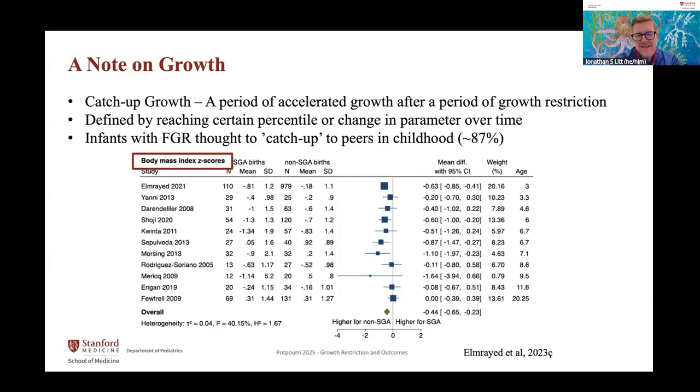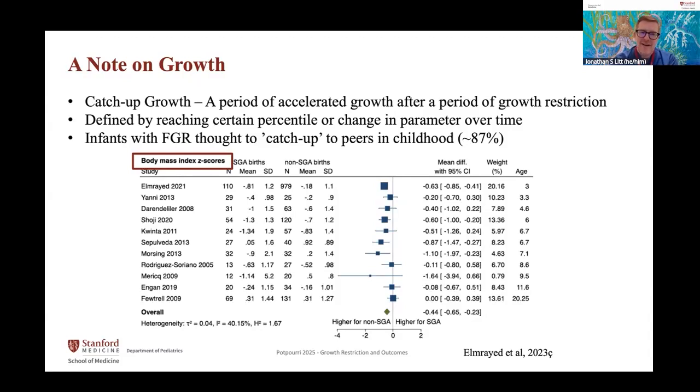And here is another figure from a meta-analysis from 2023 that again tried to answer this question, right? Because we have this sense that children who are born with growth restriction are at risk for obesity.